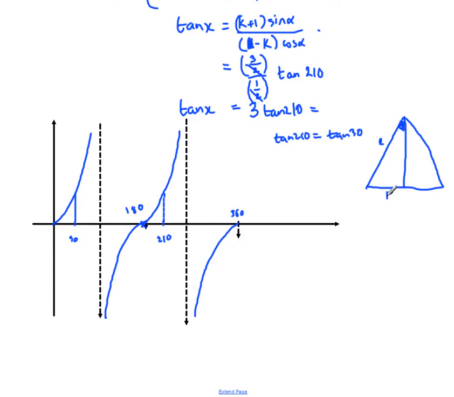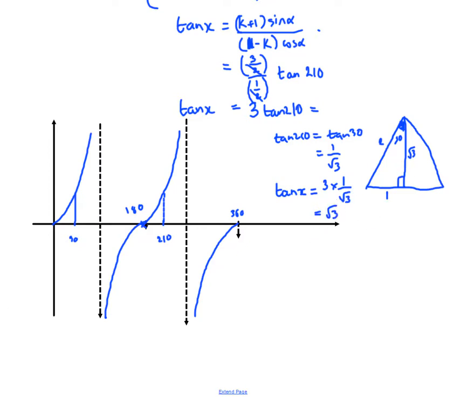You'll remember from question 1, the special triangle goes 2, 1, and therefore that's going to be root 3. So tan of 210, which is tan of 30, is going to be 1 divided by root 3. Therefore, tan x is equal to 3 times 1 over root 3, which is root 3.